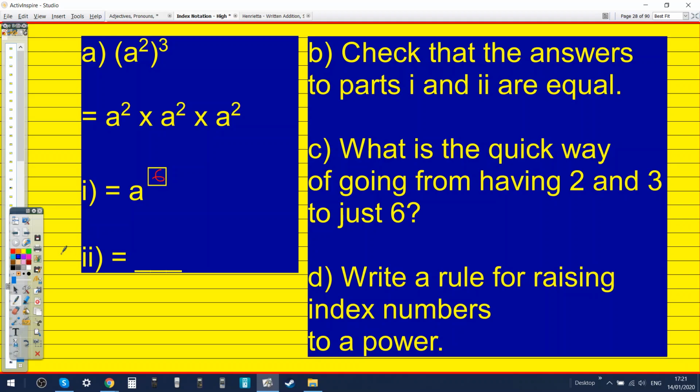Is it 3, 2? So 2 something 3 equals 6. What goes in the box? Times. Yes. And so the quick way of doing a power to a power is you copy the base and multiply the powers.